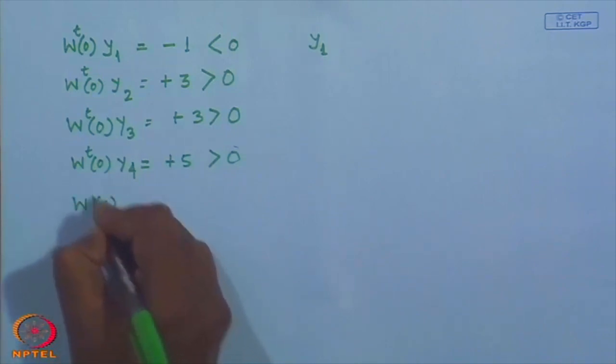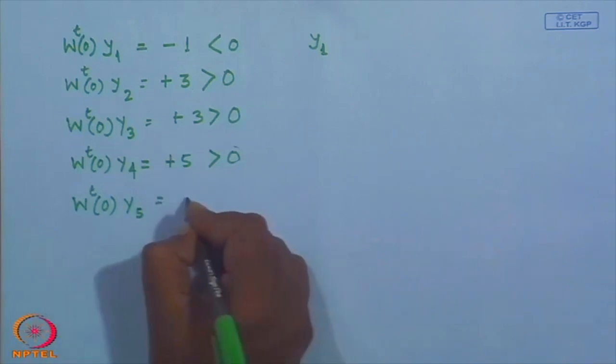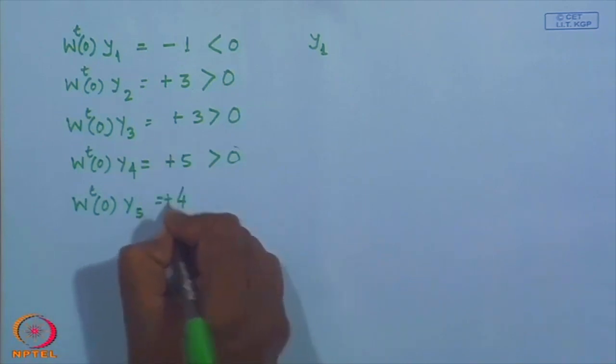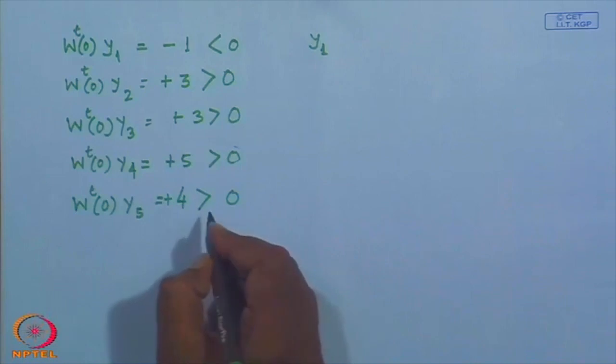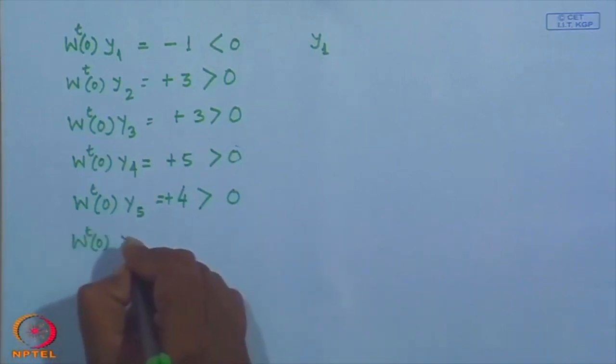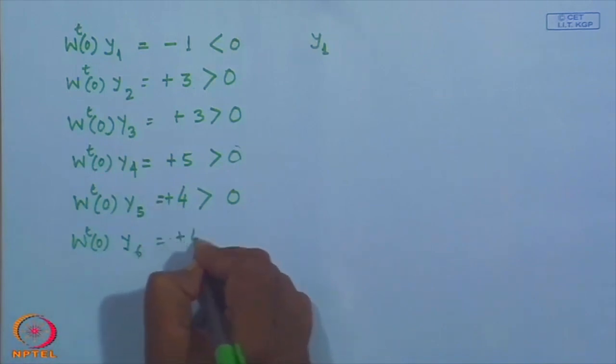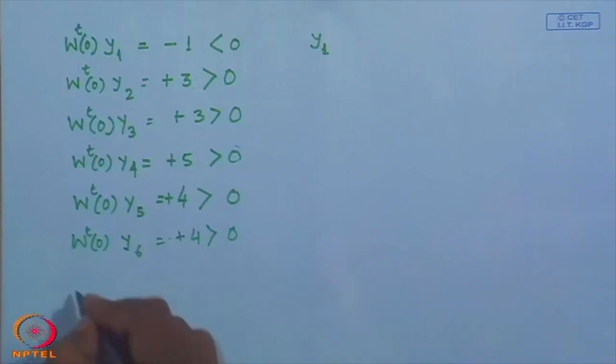W0 transpose y6 will again be plus 4, greater than 0.